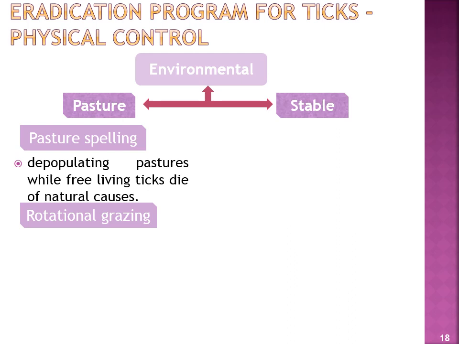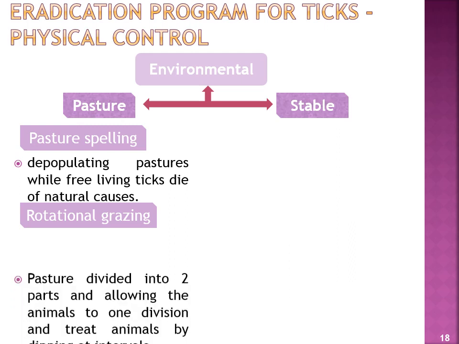Allow the animal to graze until the longevity period of the larva has ended, and then allow the animal again to this place. The second thing is the rotational grazing.